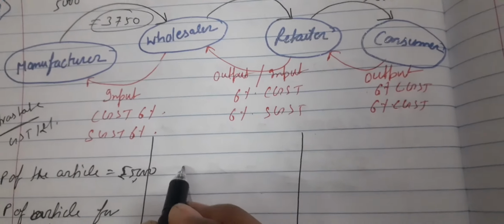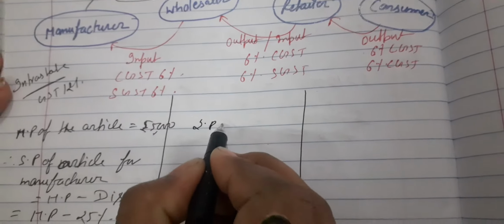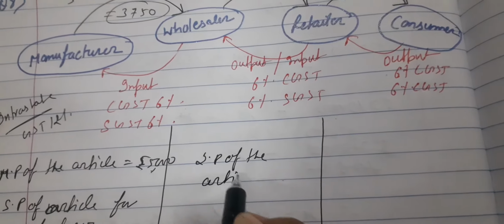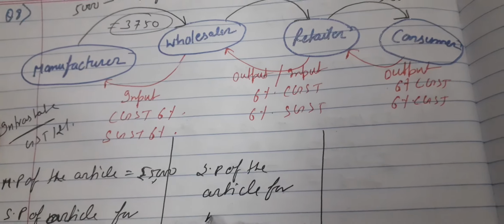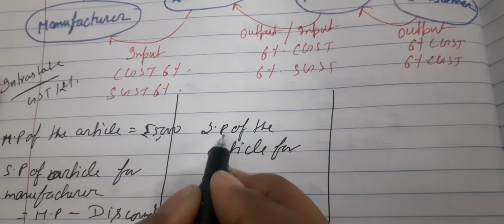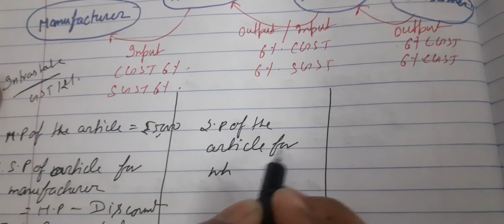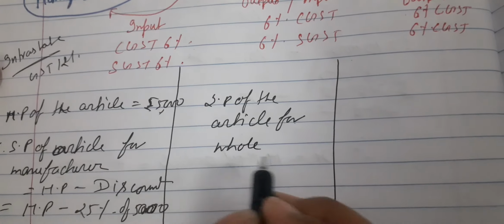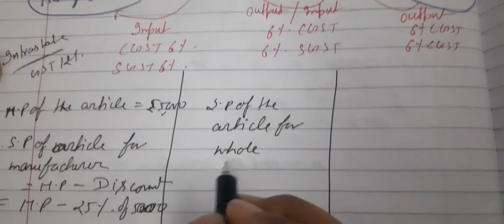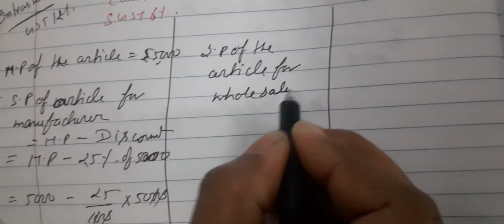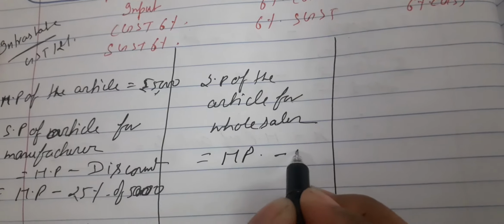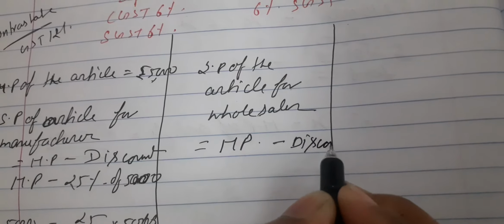Selling price of the article for the wholesaler, or you may write cost price of the article for the retailer. If you write CP, then here you write retailer. If you write SP, it is for the wholesaler. That is equal to MP minus discount.